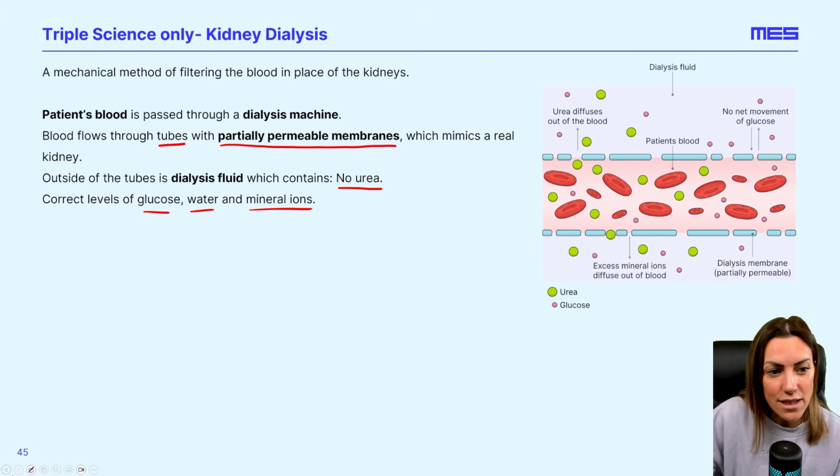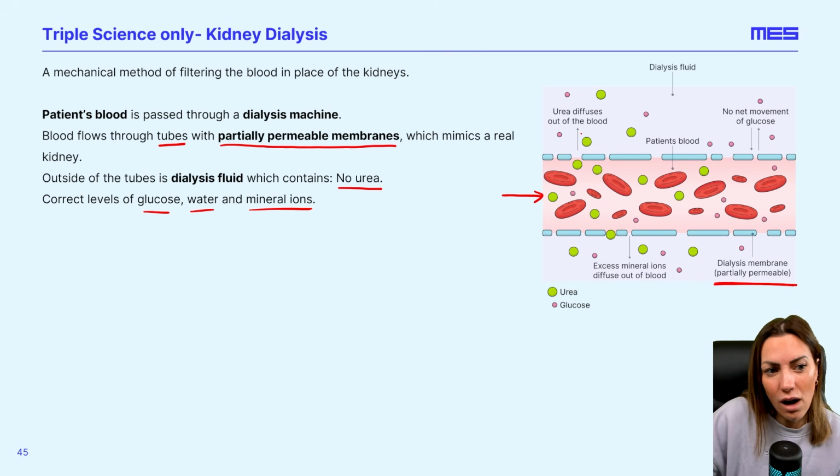Let me show you this on a diagram. So the patient's blood is flowing. This is the dialysis tubing, okay? So it's flowing through the dialysis tubing, and you can see that the dialysis tubing has a partially permeable membrane.